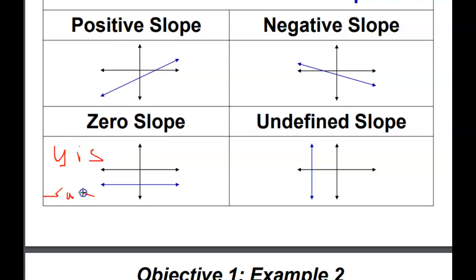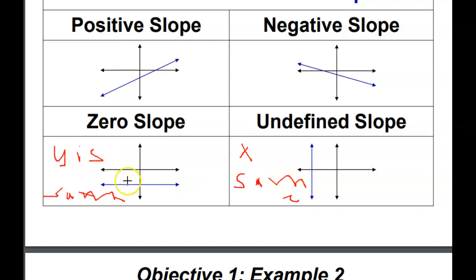So y is always whatever that number is. You'll see more about that later. Sorry, I'm trying to draw with the mouse here. And here, this happens when the x values are the same. So that's what happens there, okay?